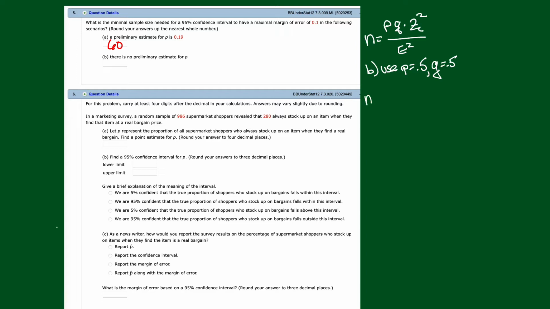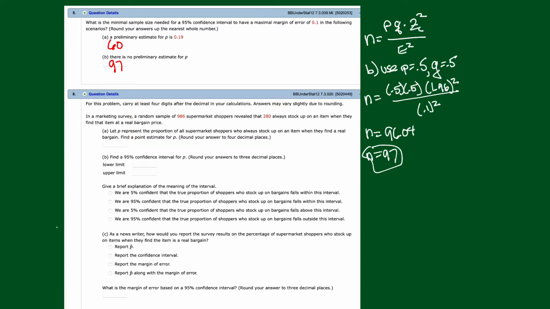So we will get N is equal to 0.5, 0.5, still the 1.96 squared, all over the 0.1 squared. Now I got N equaling 96.04, and if you round up, N is 97. All right, so let's report that back up here at the top, 97.